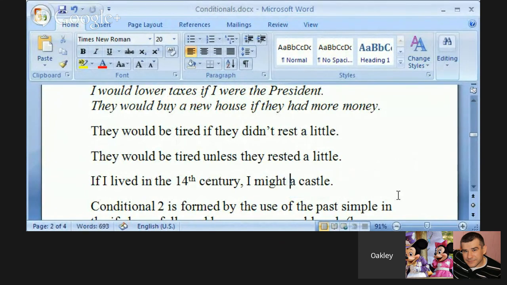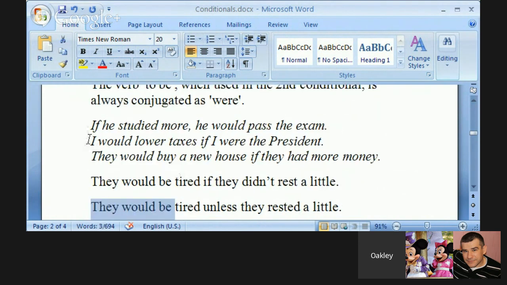Just own. You don't need ed. This doesn't need to be past tense. This part needs to be past tense, not this one. I might own. I would be. Okay. He would pass.